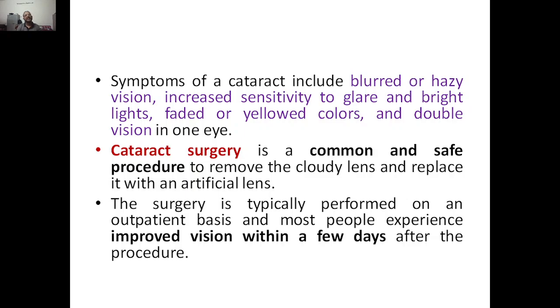So next, cataract surgery. It's a common and safe procedure to remove the cloudy lens. Now you can remove those cloudy lenses and replace them with an artificial lens. That's why they will be given black kind of specs. For those who have undergone this cataract surgery, they will remove that opaque cloudy lens, then replace it with the artificial lens.